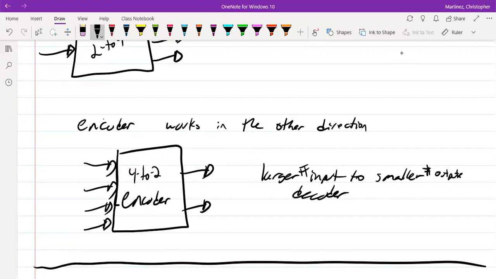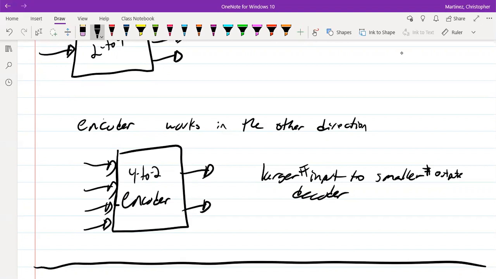An example would be, let's say we wanted the output of that 7 segment decoder to go from one side of a chip to another side of the chip. That would be the input to this encoder. The encoder would give us a number, and then we send that number to another decoder to get back to the original output.